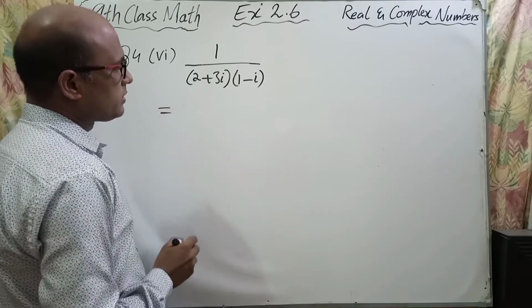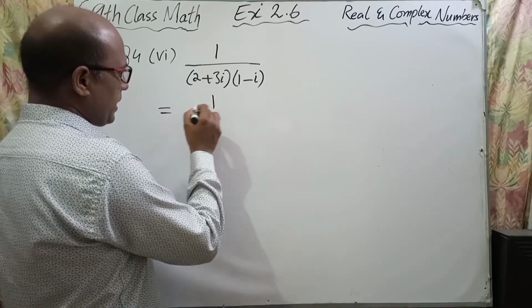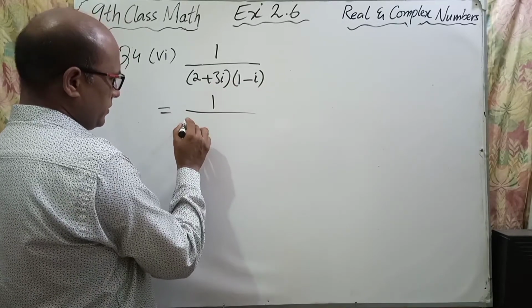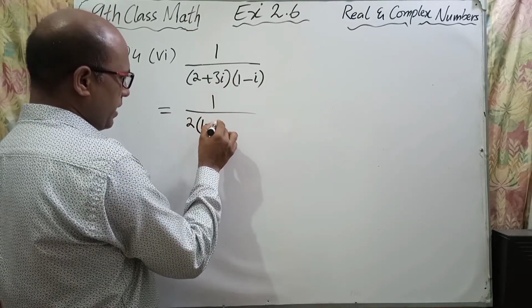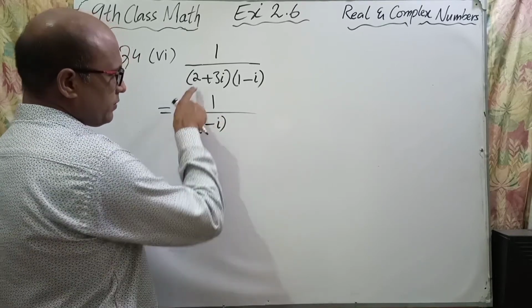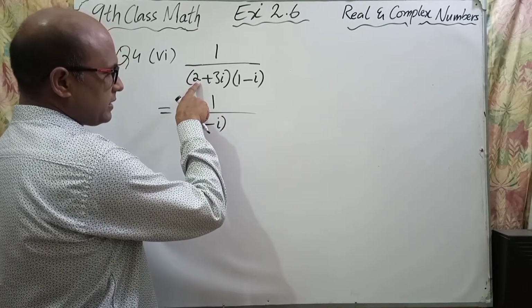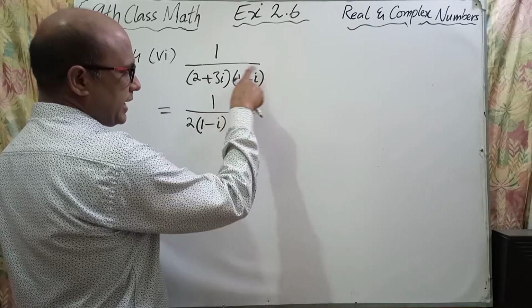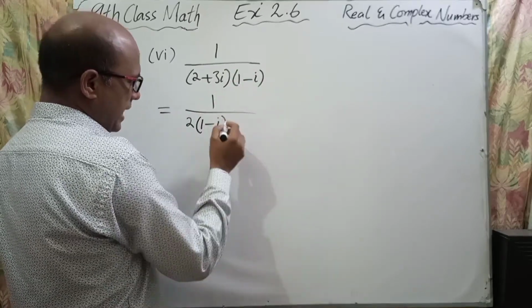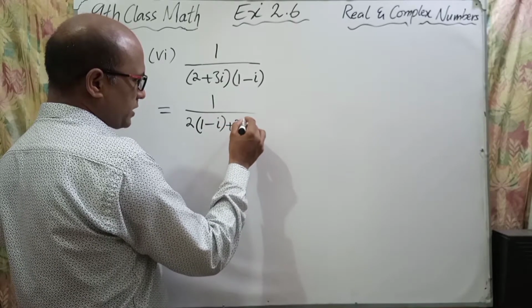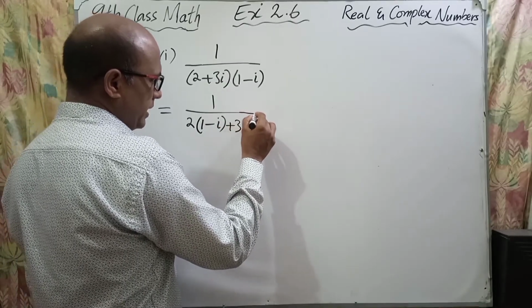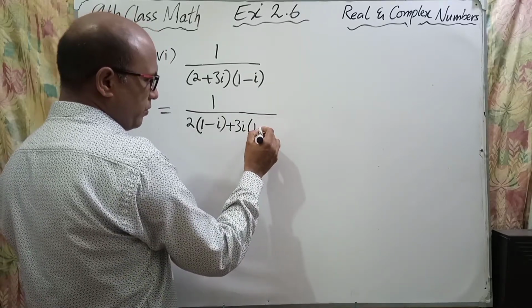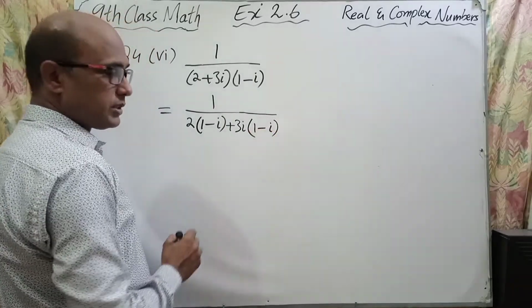First of all, we'll multiply these two brackets. 2 into 1 minus iota. First term of first bracket will be multiplied by the second whole bracket, and now second term of first bracket will be multiplied by the second bracket terms 1 minus iota.